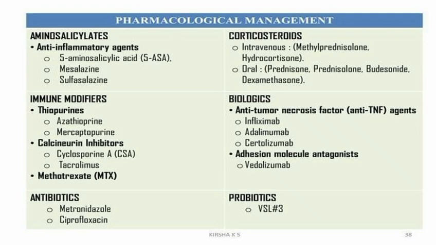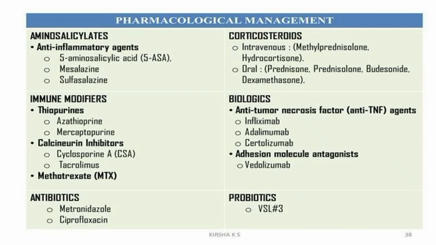To modulate the immune system of our body, we use thiopurines like azathioprine and mercaptopurine, along with calcineurin inhibitors such as cyclosporine and tacrolimus, along with methotrexate.